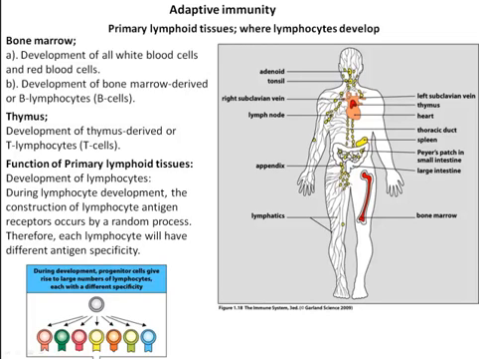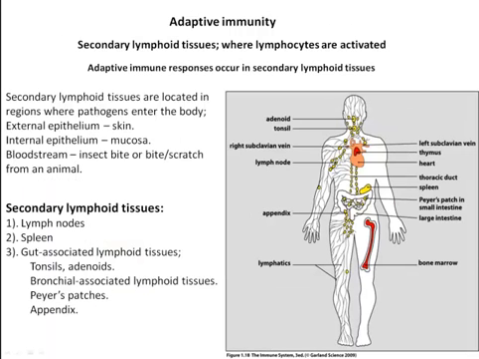So that's the goal of the adaptive immune system. It's activation of lymphocytes that recognize specific features of a particular pathogen and can focus defense mechanisms onto that pathogen.